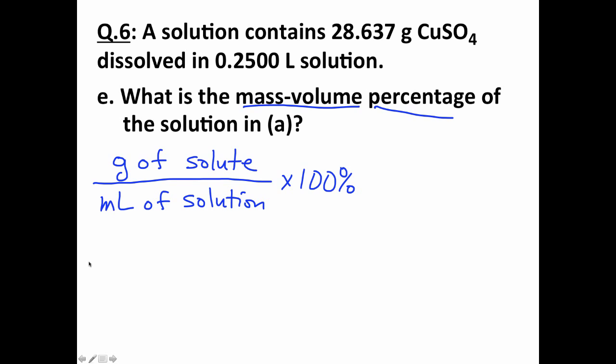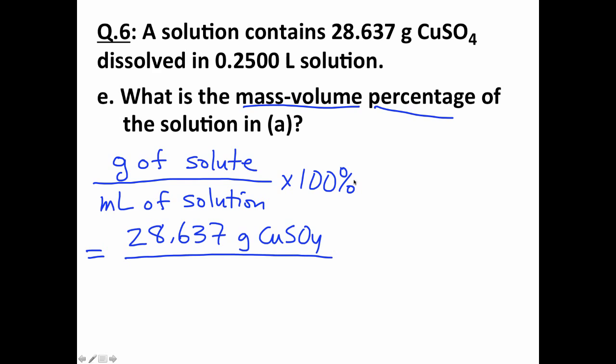And so in this case, our mass of solute is 28.637 grams of copper sulfate. Our volume of solution is 0.2500 liters, which is 250.0 milliliters of this copper sulfate solution.